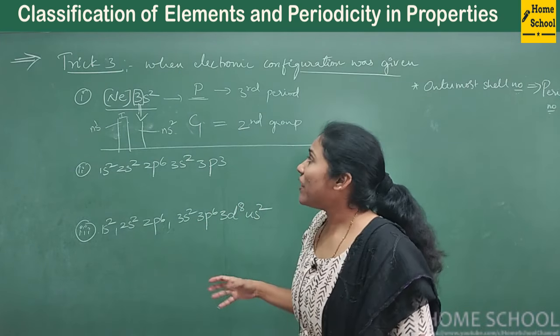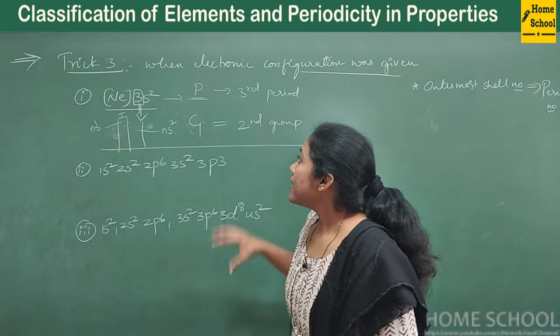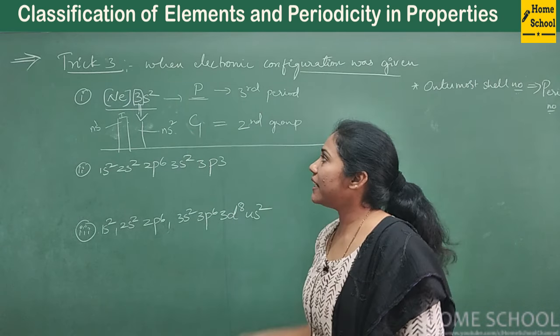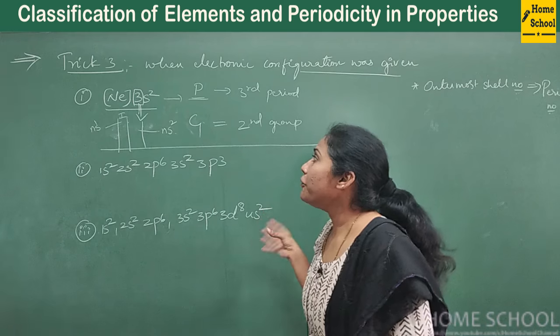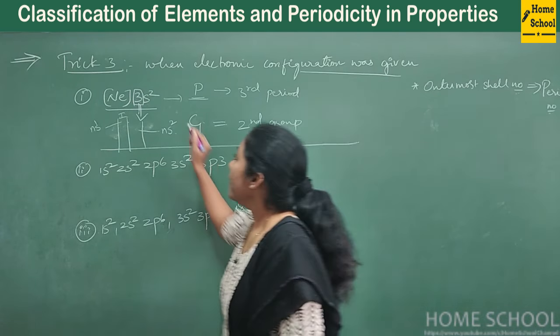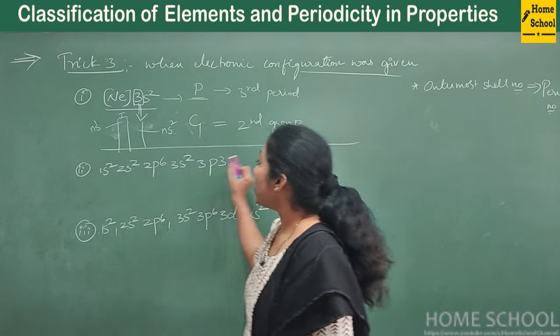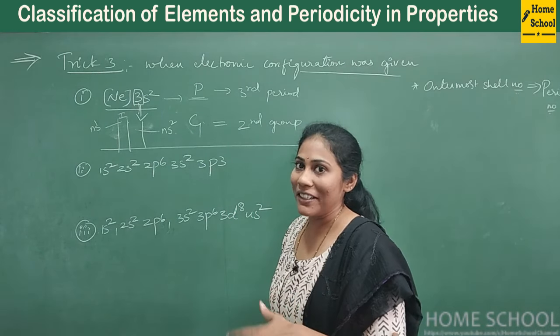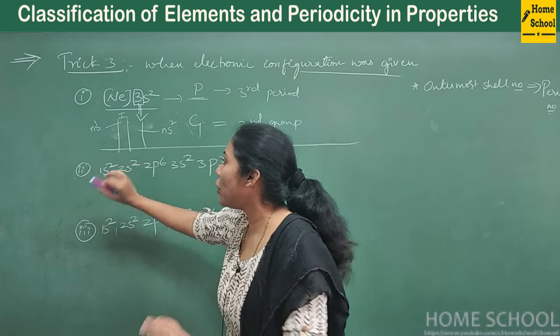Okay, if you are finding this trick difficult, say the period number is okay, we will see the last shell and check the period number, but if you are finding the group number difficult, you can do one thing. When the electronic configuration is given, you can identify the atomic number, no? Atomic number is what? Number of all electrons.